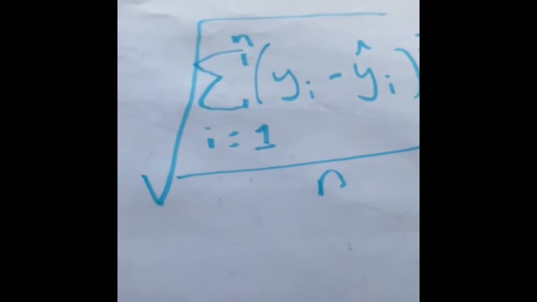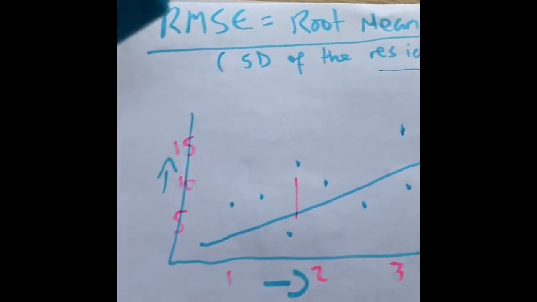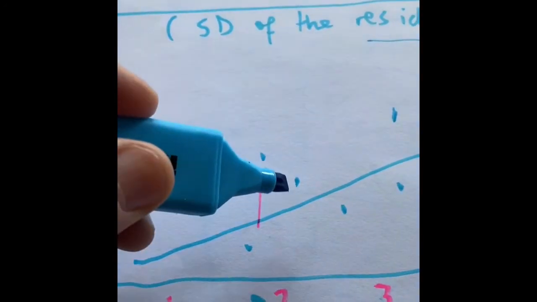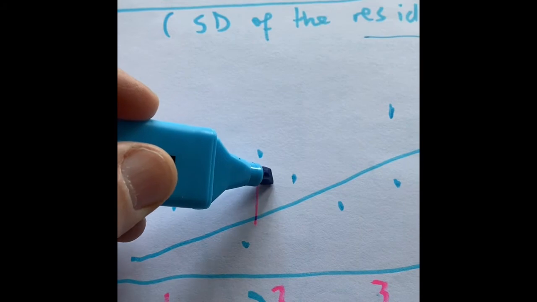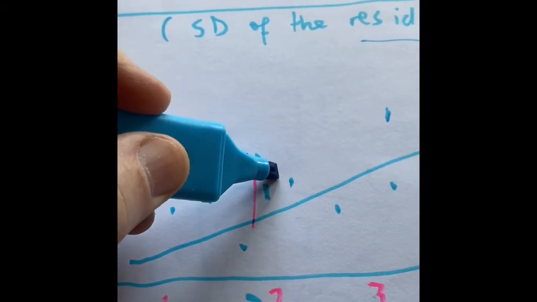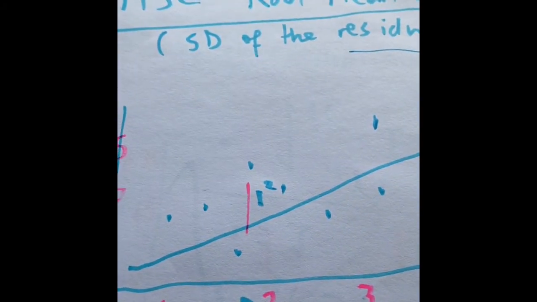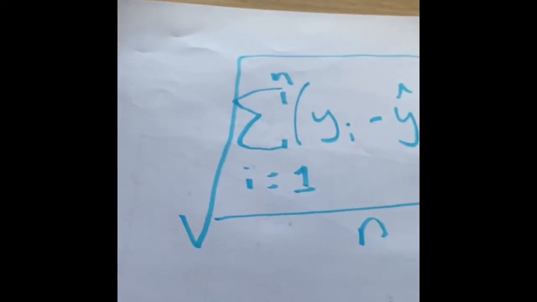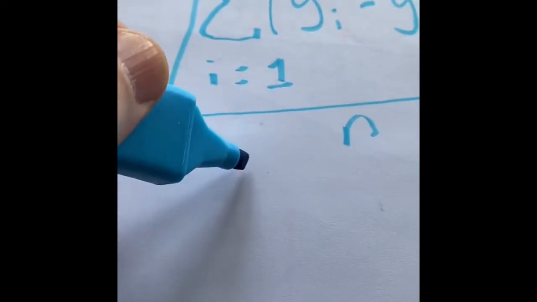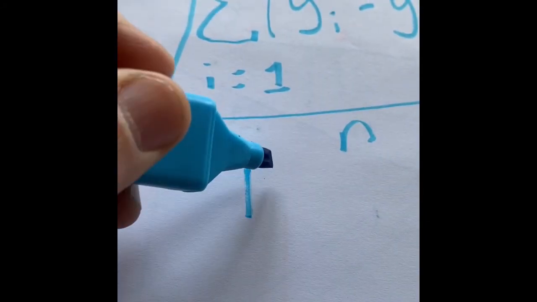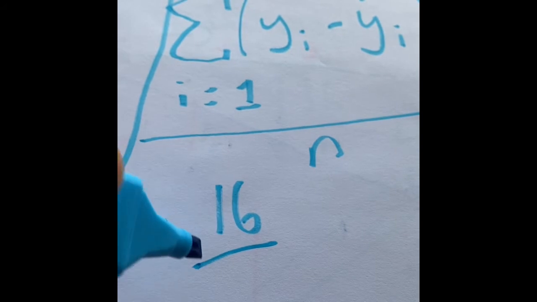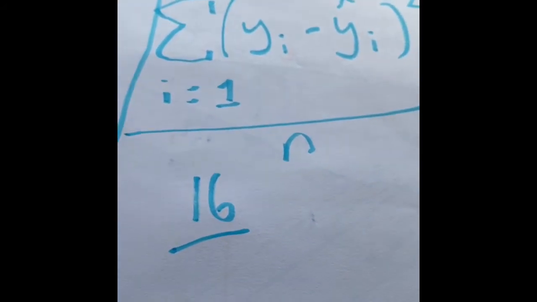So going back to our original simple example then, we've got different data points, we've got a gap. If we take these gaps, say this is a gap of 1, and then we square it, let's stay with 1, but if we add up all of those gaps, just for the sake of argument, we end up with all of the squared values adding up to 16.